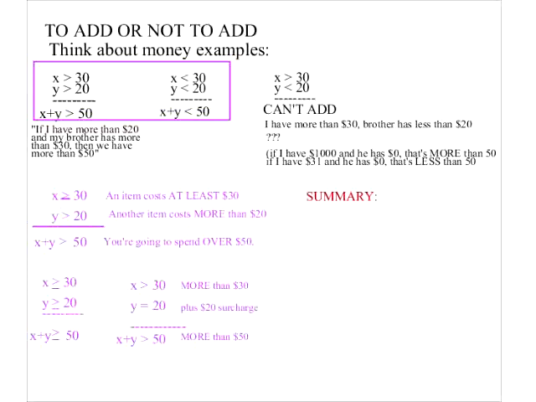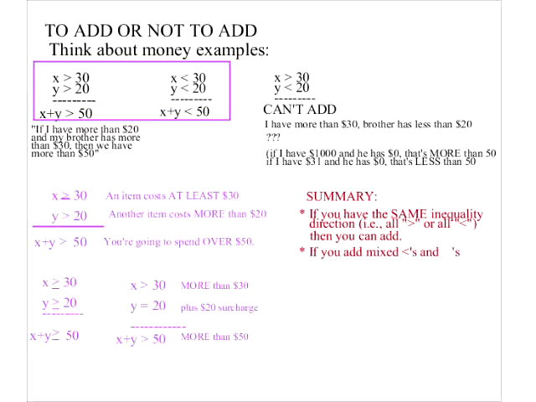The summary here is if you have the same inequality direction, i.e. all of them are less than or all of them are greater than, then you can add. If you add mixed less thans and less than or equal to's, then you get a strict less than.